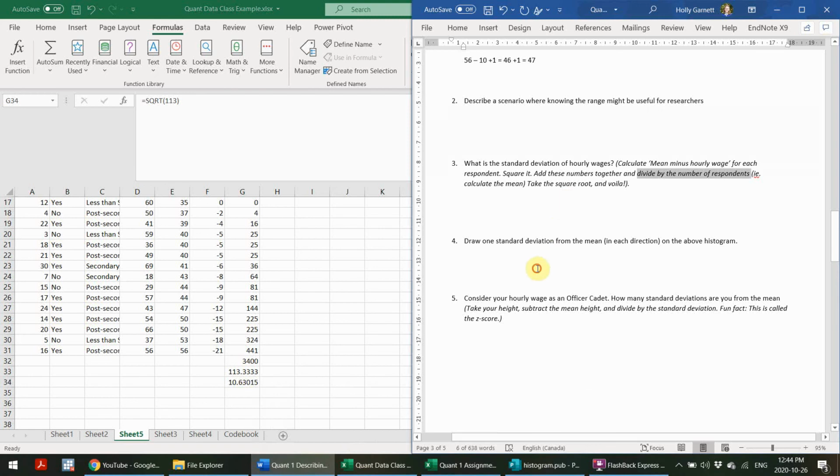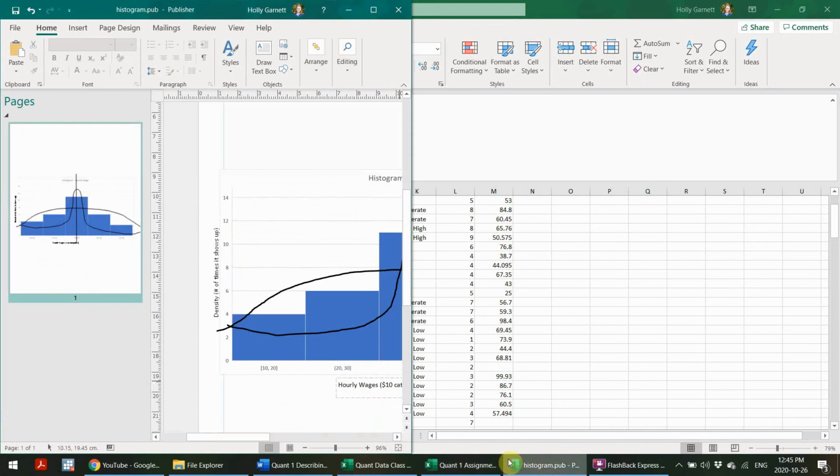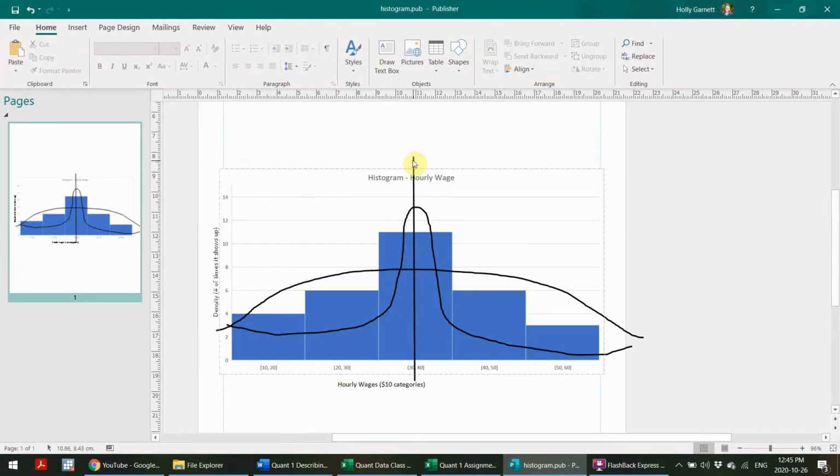So let's go back to drawing one standard deviation from the mean in each direction. Let's go back to this guy. I want to draw a line that's one standard deviation, so about 11. So it would be about over here somewhere. And then one standard deviation below.